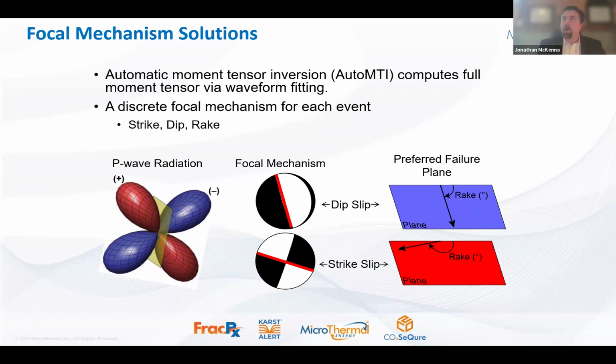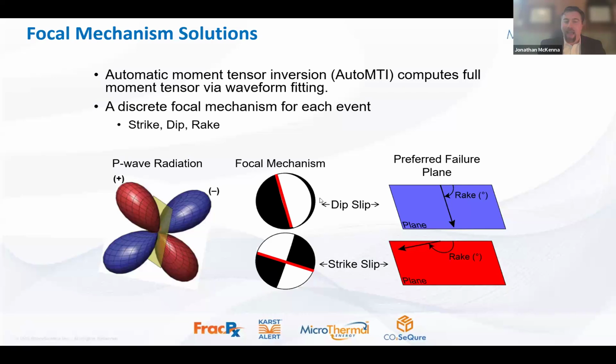Unlike maybe downhole, where as you get further from your monitoring array, you have changing uncertainty and confidence in the locations. But also, when you monitor from the surface, you have a nice 2D footprint of your array, and you can fully detect the P wave radiation pattern.